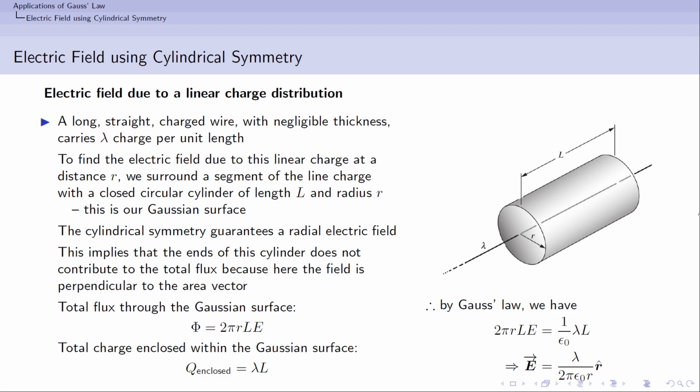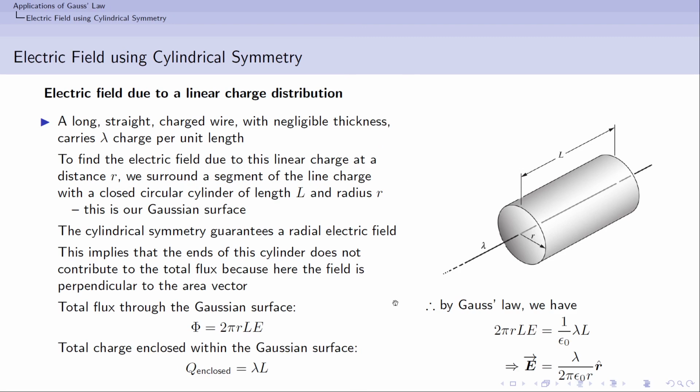Now this is for an infinitely long linear charge distribution. If you remember one of those exercises we had done, where we found the electric field due to an infinitely long linear charge distribution using Coulomb's law, I had done it for a semi-infinite linear charge distribution and asked you all to find the field for an infinitely long one.